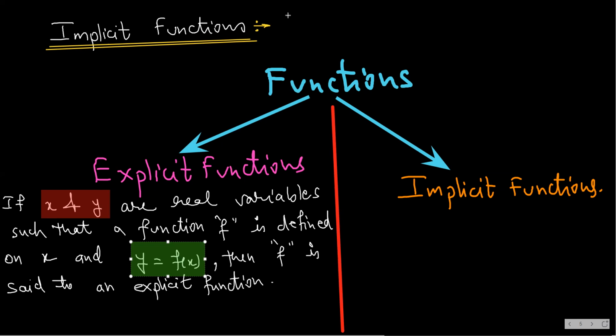In short, you will notice that you have only x in the expression where the function is defined, and y is on the other side. X and y are on two different sides. You are writing y equals f of x, or in more simple terms, you are able to express y in terms of x.